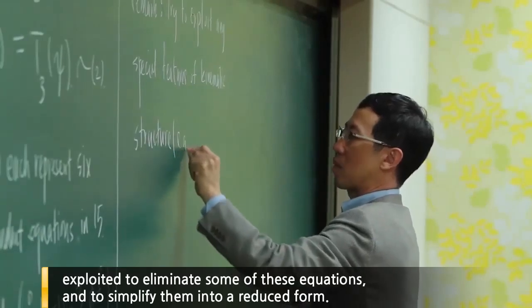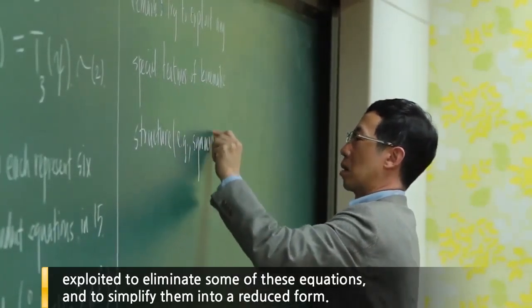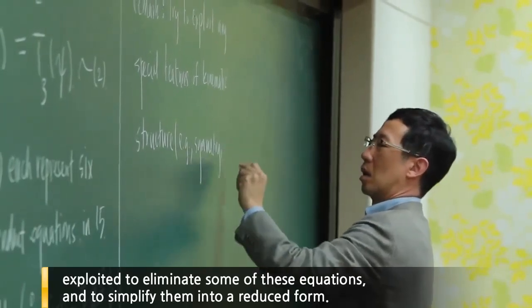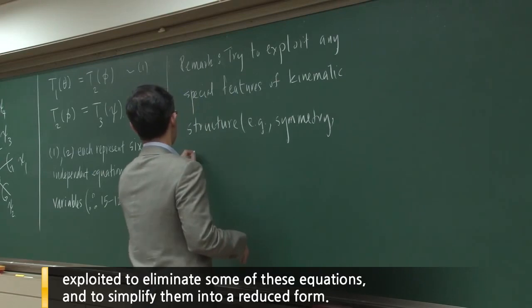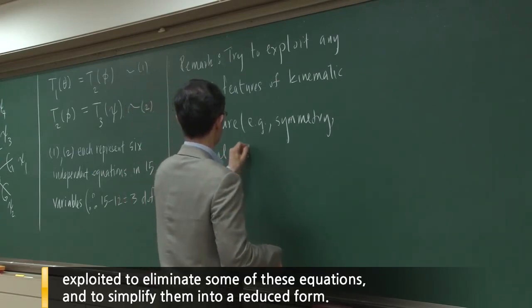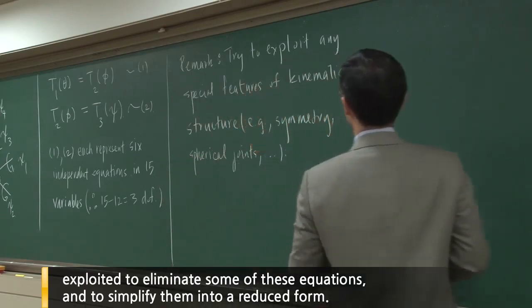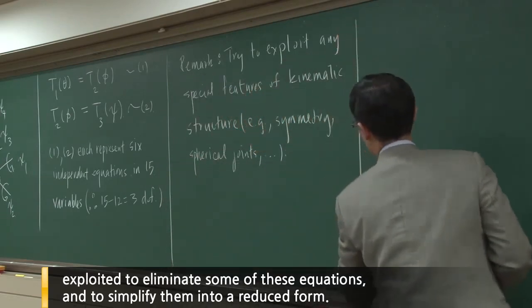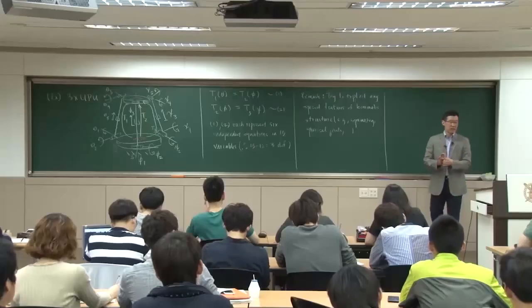So for example, symmetry, and spherical joints, for example. It turns out when you have spherical joints, the analysis simplifies somewhat.